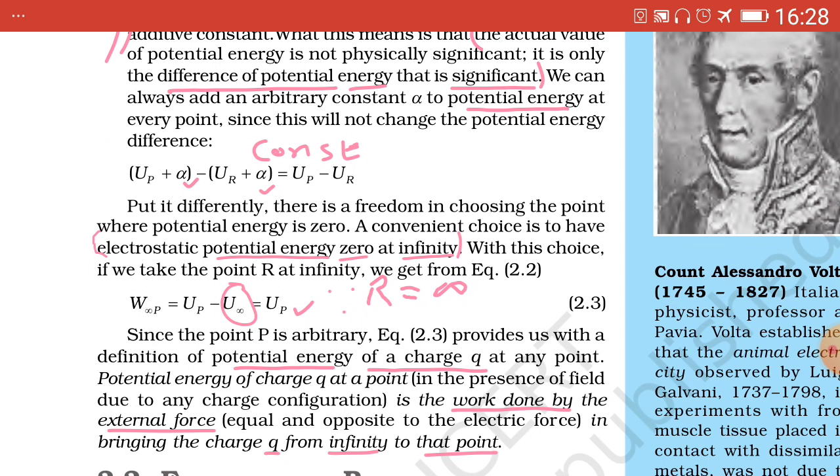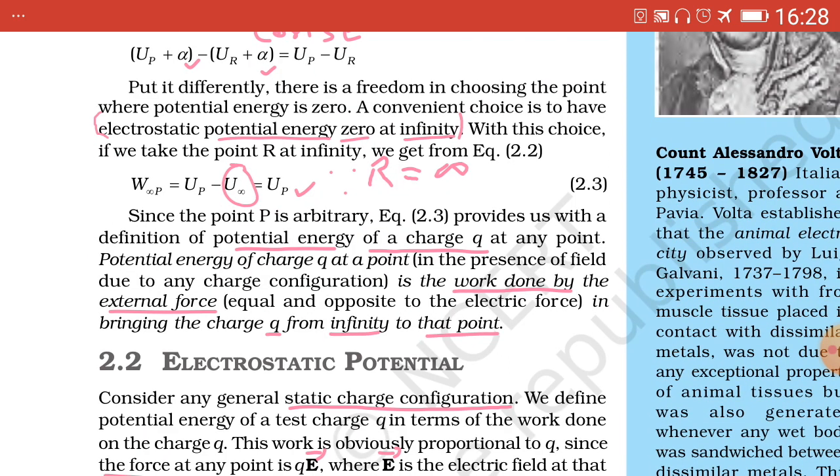So W infinity P equals, in equation 2, Up minus U infinity in place of Ur, which is equal to Up, because at r equal to infinity the value of potential energy is 0. So U infinity, which I have encircled, becomes 0, and the simplification equals Up only, which has been tick marked.